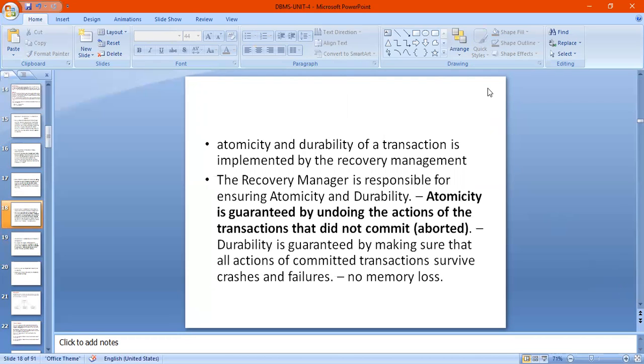The recovery manager is responsible for ensuring atomicity and durability. Atomicity is guaranteed by undoing the actions of the transaction that did not commit, that is aborted. Durability is guaranteed by making sure that all actions of committed transactions survive crashes and failures with no memory loss.